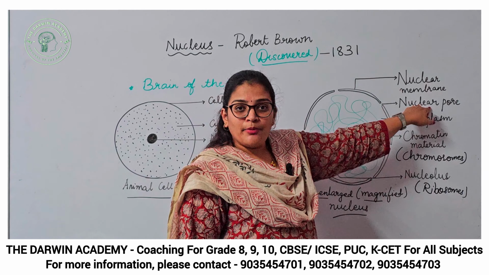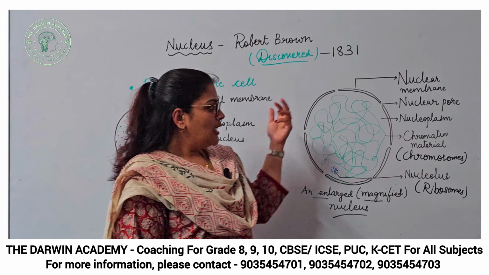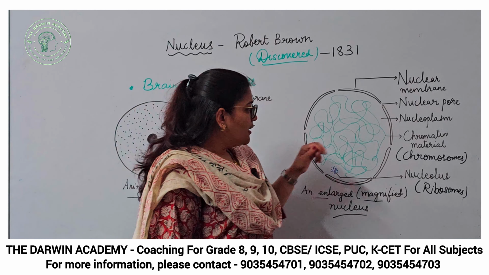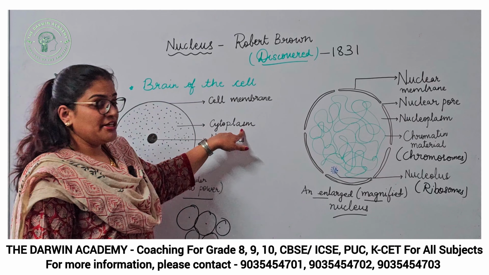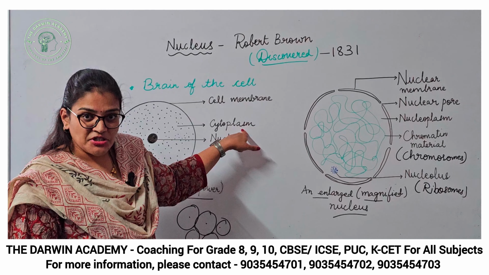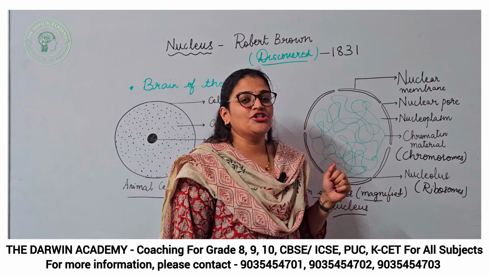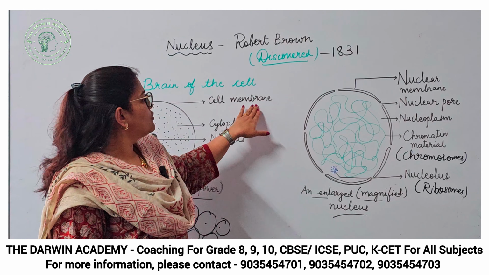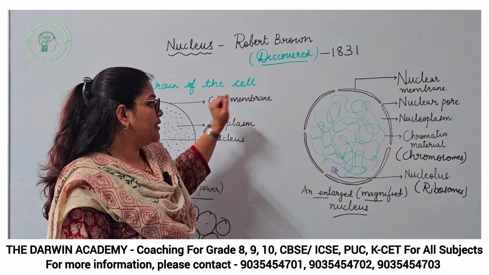The nuclear pore allows the transport of substances into and out of the nucleus. There is nucleoplasm which is similar to cytoplasm in its composition, and it is fluid or liquid like in nature. The nuclear membrane structure is also similar to the cell membrane.